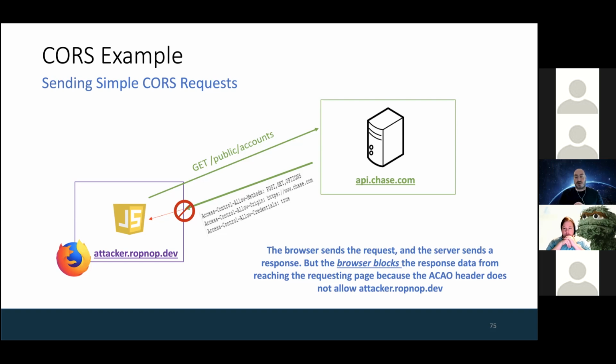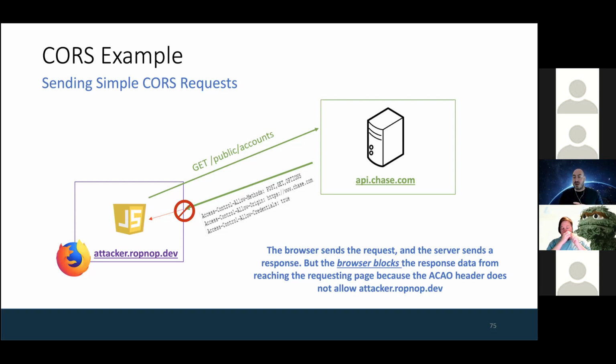So sending a simple CORS request is as simple as a GET to public/account, and then the API server will set the policy on the way back. The browser will block the response data from reaching the requesting page because the header does not allow it for that specific domain.